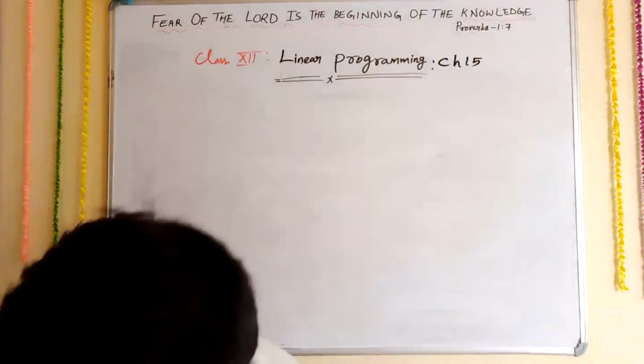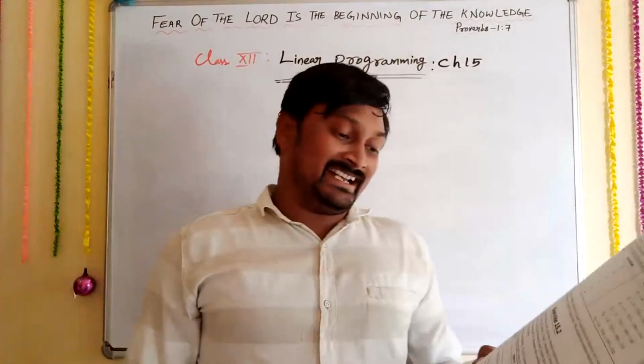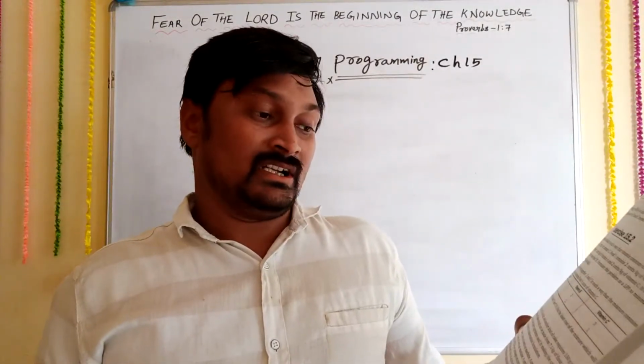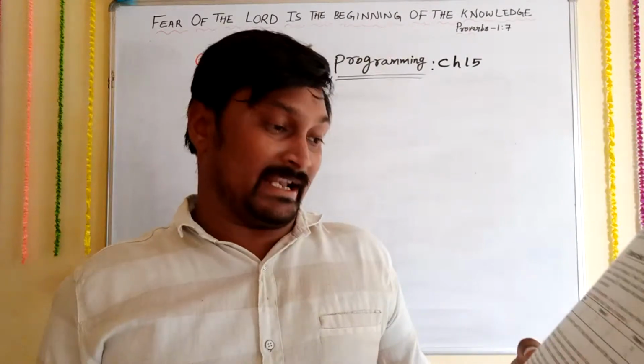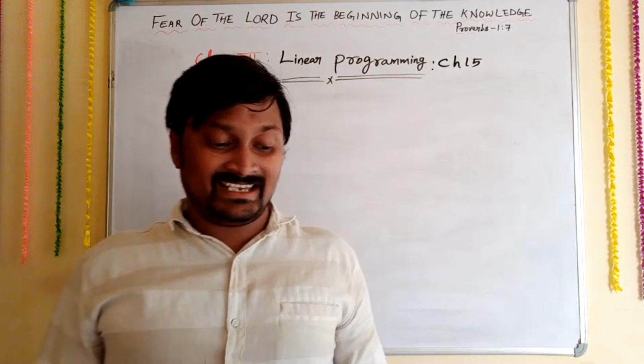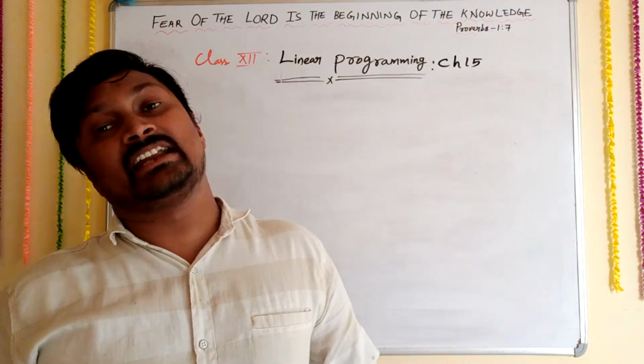Okay, now let me read the third question. One kind of a cake requires 300 grams of flour and 15 grams of fat. But in your questions, it is just like 300 kgs. So change it as 300 grams of flour.